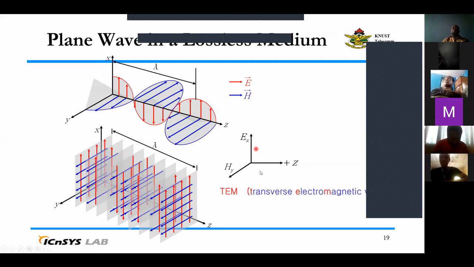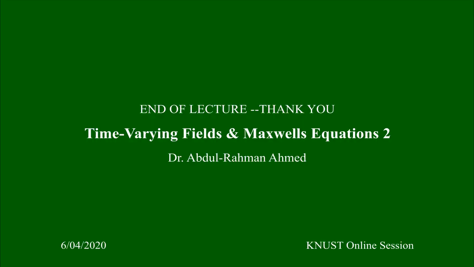So this way we see that the E and the H are traveling along the z-axis, but the E is perpendicular to the H. So the electric field being perpendicular to the magnetic field is what we call the transverse electromagnetic wave. Transverse electromagnetic wave means the electric field is perpendicular to the magnetic field, and both are traveling along the z-axis, as you see in this. So this is the end.